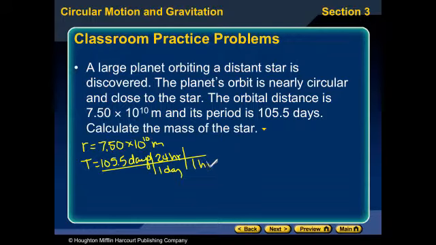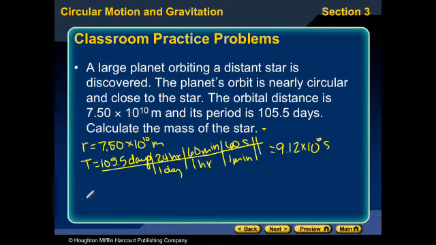In 1 hour, there are 60 minutes. And in 1 minute, there are 60 seconds. So I have 9.12 times 10 to the 6th seconds.